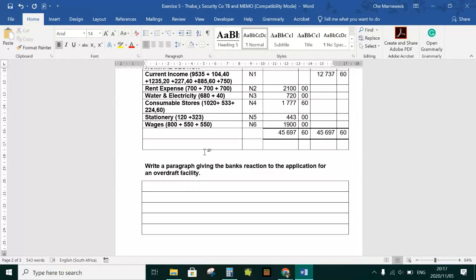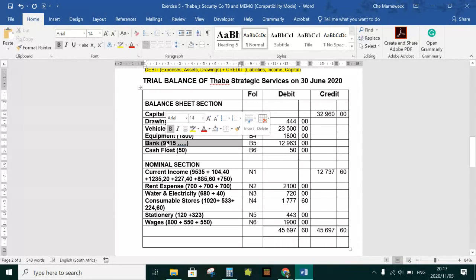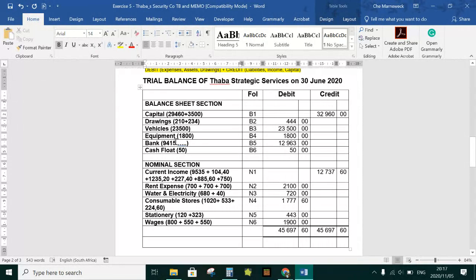So the first thing we want to look at is the bank account. We know what they had at the start of the month, 9,415. And we know what they have at the end of the month, 12,963. So they have increased the amount of money in their bank account. So that's a good thing.